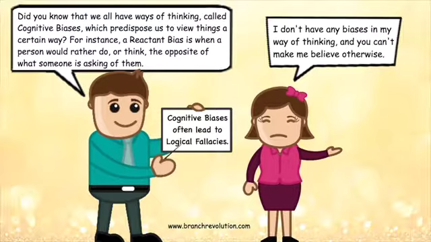Here's another one. We talked about the optimism bias, but there's also a pessimism bias or a negativity bias, where you overestimate the likelihood of something negative. I think I have both kinds of biases.